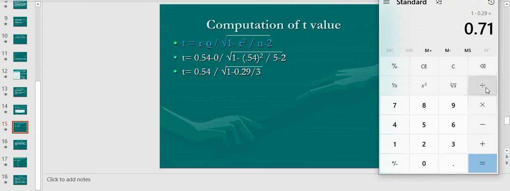We will divide it by 3, which is equal to 0.2366, and we will take the square root of this value, which is equal to 0.49.